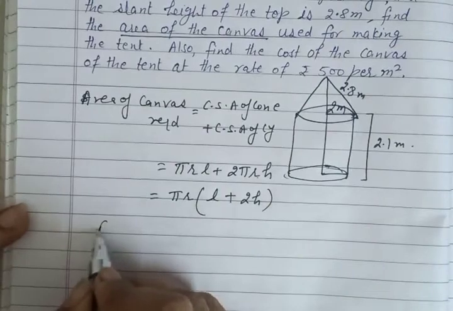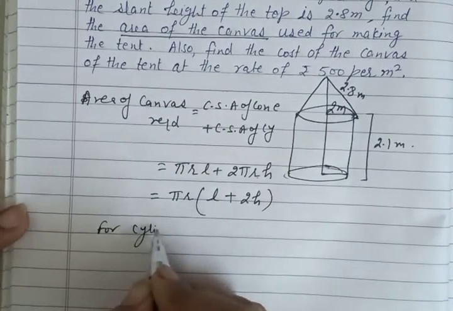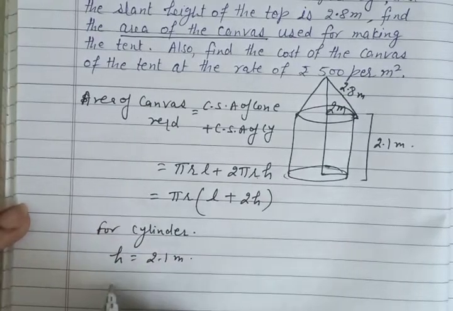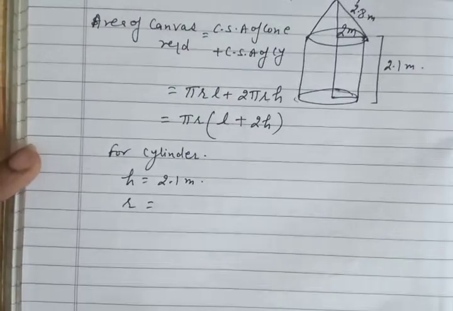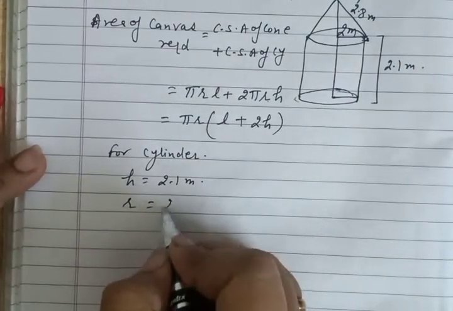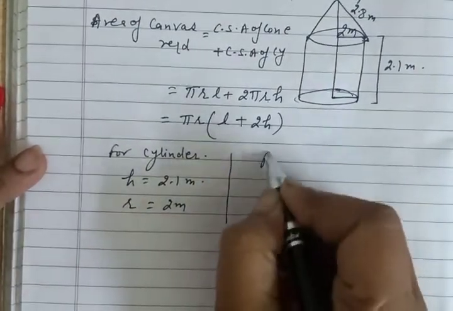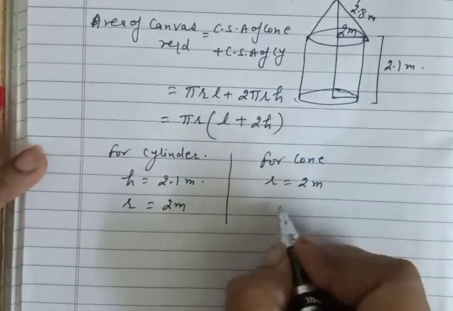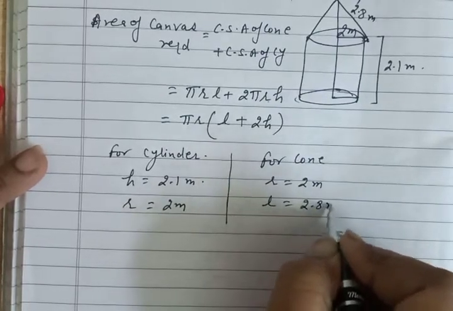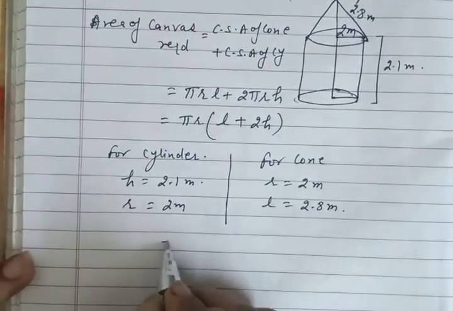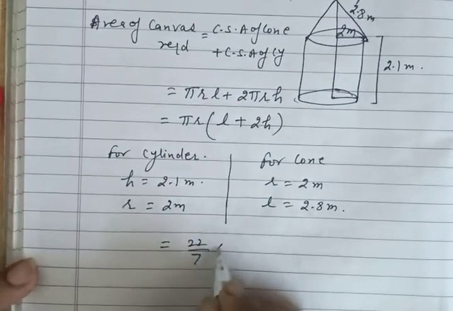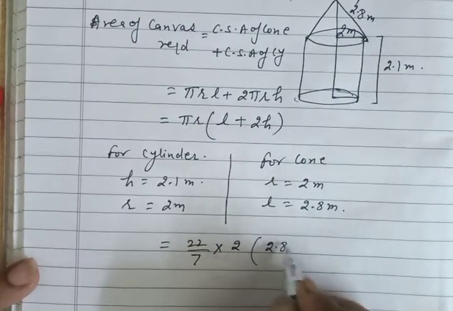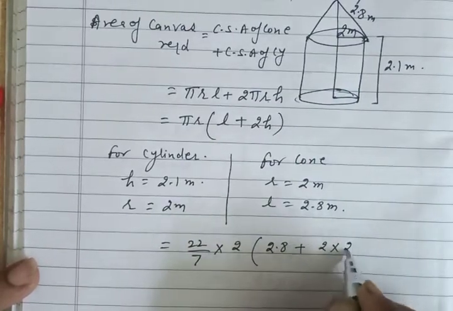Now for the cylinder, h is 2.1 meters, r is 2 meters, and for the cone, r is 2 meters and l, the slant height, is 2.8 meters. Now we'll put all the values in the formula. It is 22/7, r is 2, then in the bracket l is 2.8 plus 2 times h, 2.1.